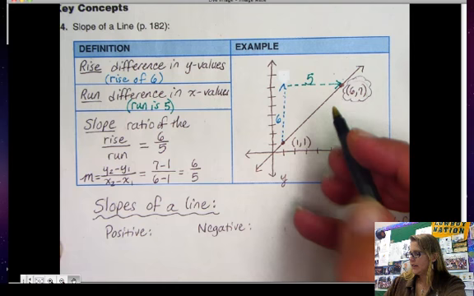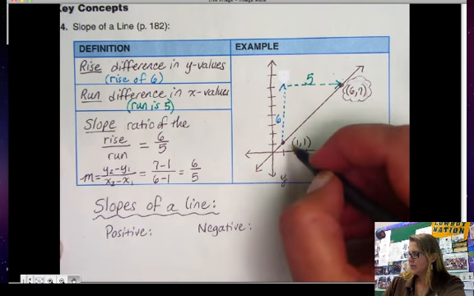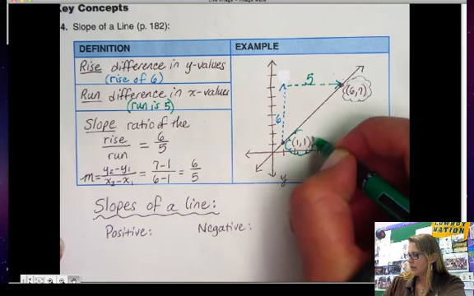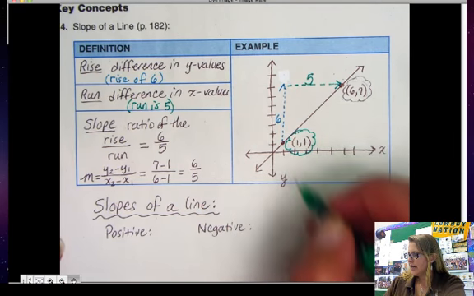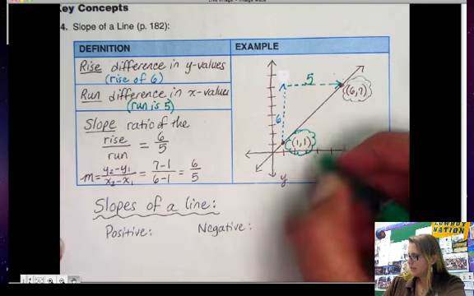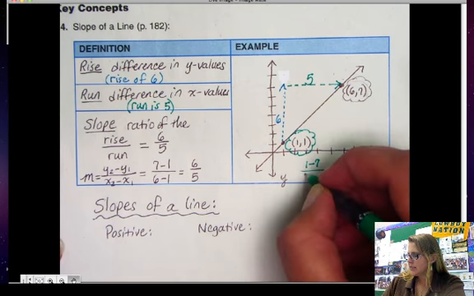If instead, and I'll do this down here in a different color, I start with this one, my y's would be 1 minus 7, over my x's would be 1 minus 6.